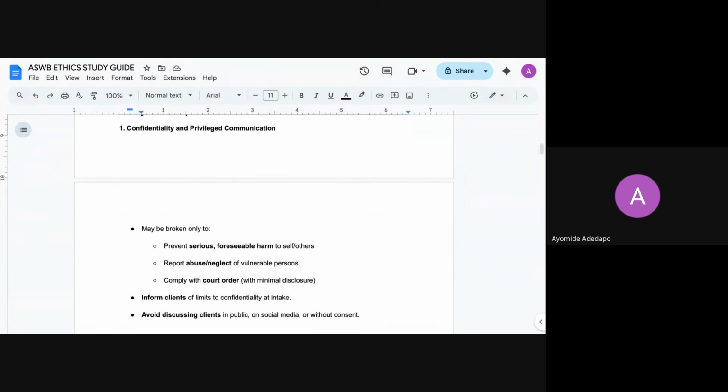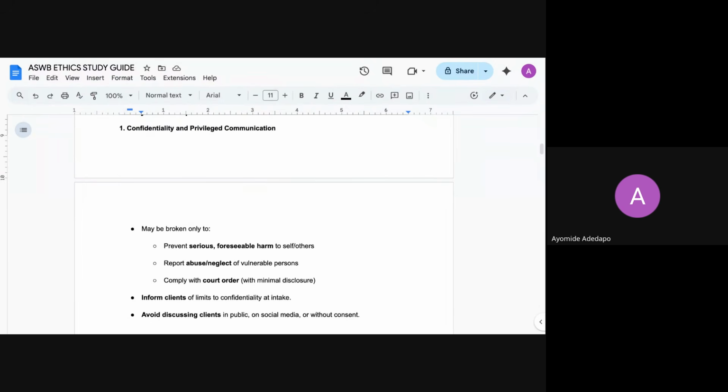If the court is telling us we need to send it, we don't necessarily need to have an ROI on file if we're court ordered by the judge. It'll be nice if we can, but sometimes in real life that's not possible. But in any case that we can, you want to see if we can get a release of information on file when it comes to getting this kind of stuff.